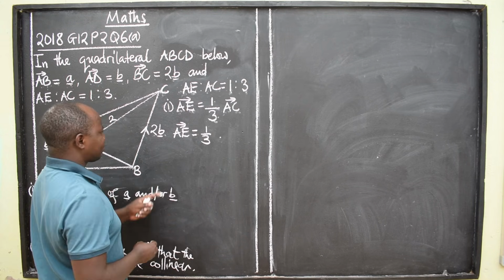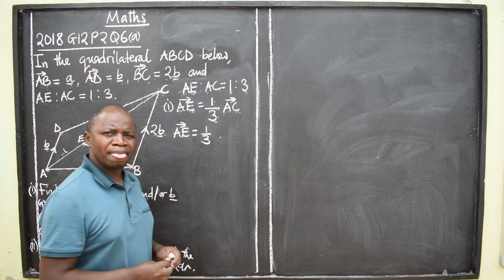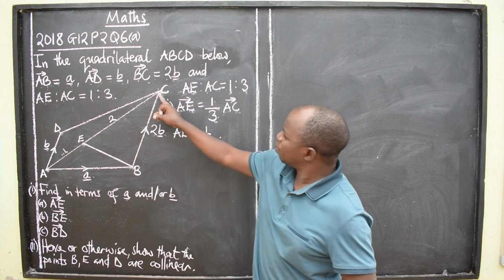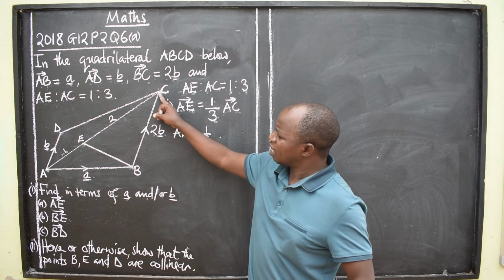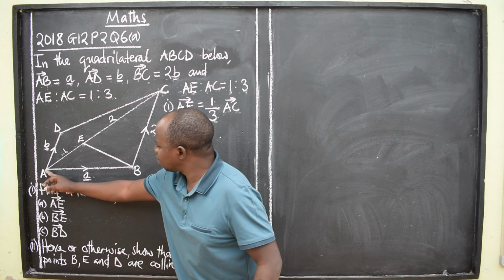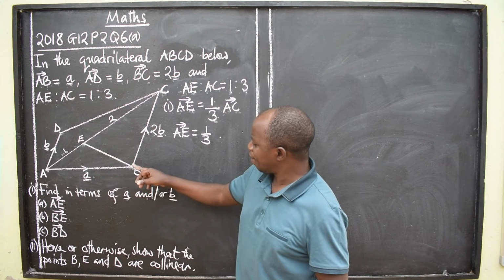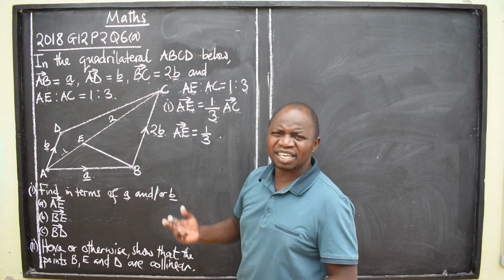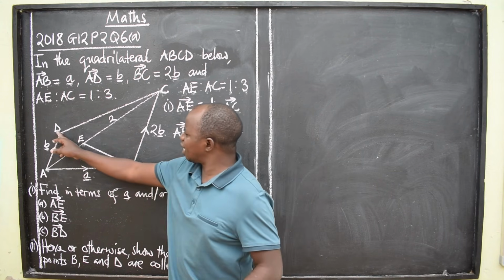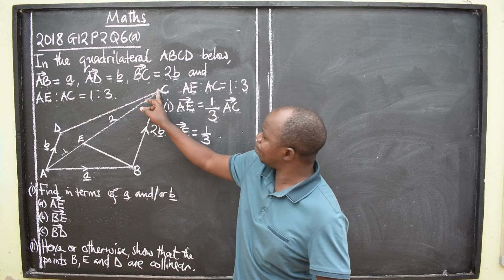What is AC? Let's check in the diagram here. Do we have AC, from A to C? We don't have it, but we can find it. We can use this route, AB, BC. We'll get AC, because I've got this vector, I've got this vector. Of course, there is another route here, but I don't have BC.